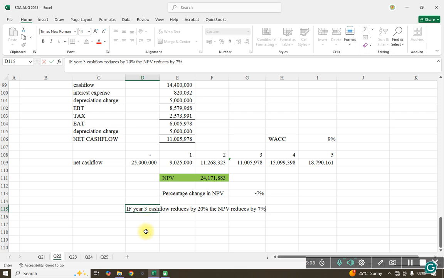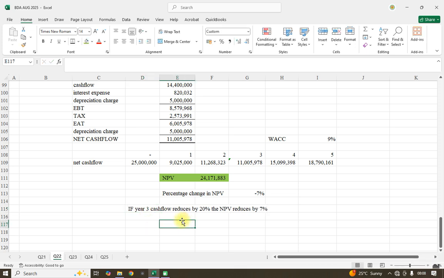That's how sensitive it is. If your year 3 cash flow will reduce by 20%, the NPV will reduce by 7%.